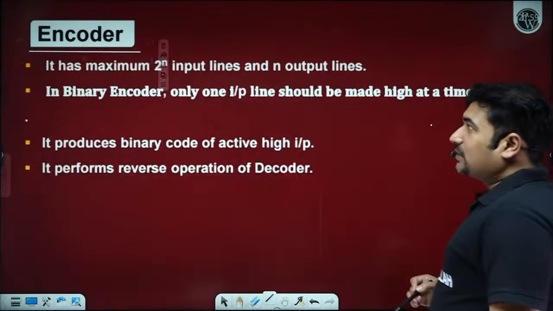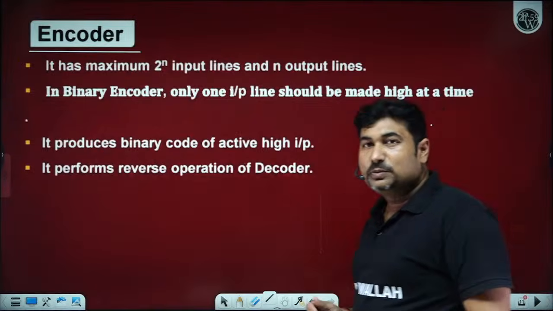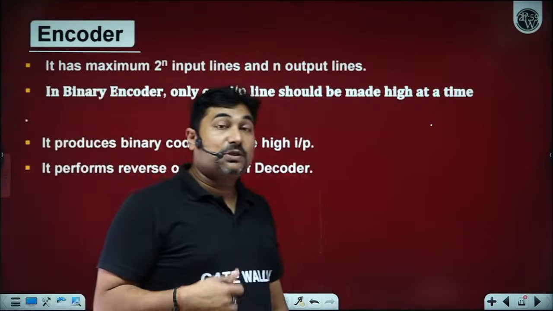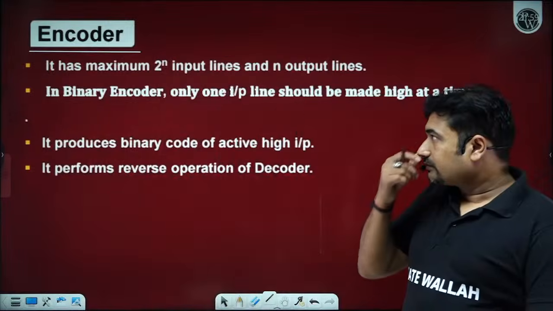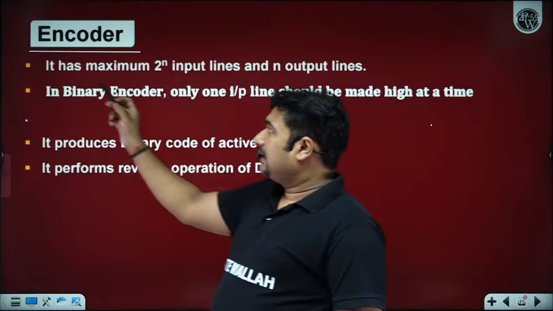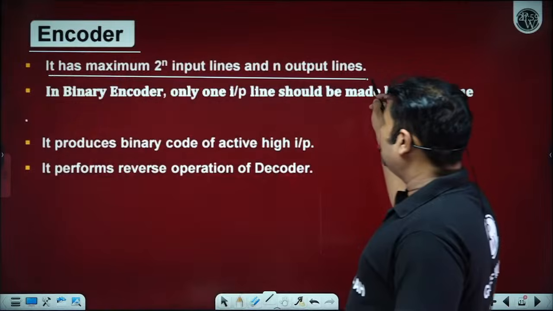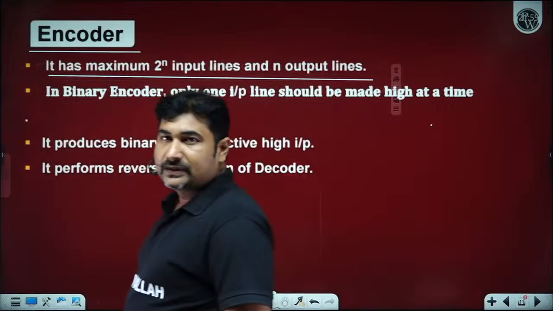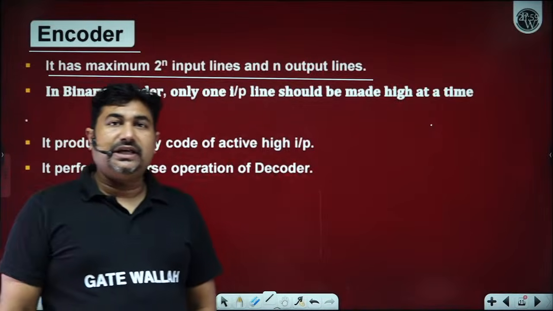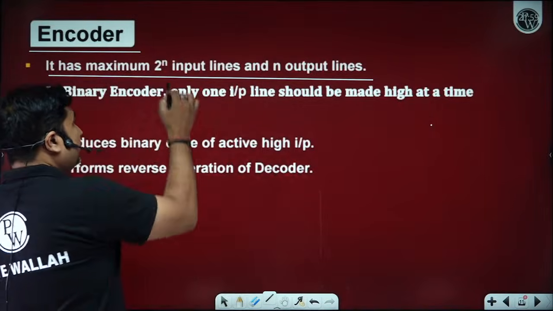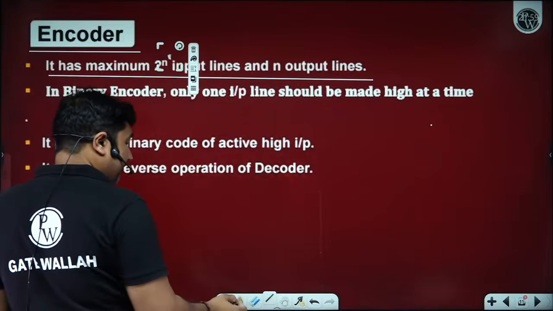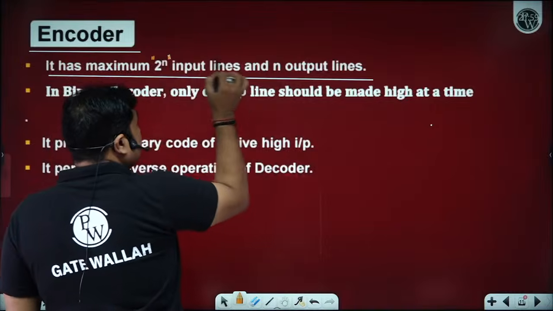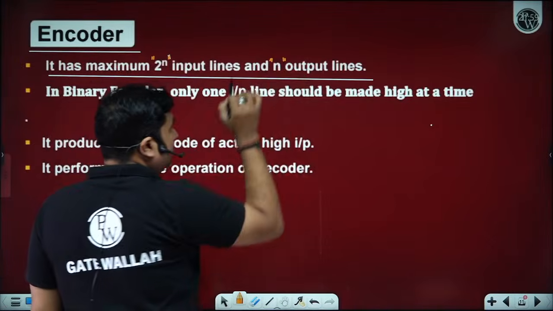Encoder is used to convert other codes to binary code, such as octal to binary, hexa to binary, and so on. Now please write down, it has a maximum of 2 to the power n input lines and n output lines. So there is a relation between input lines and output lines. If we have 2 to the power n input lines, then we have n output lines.